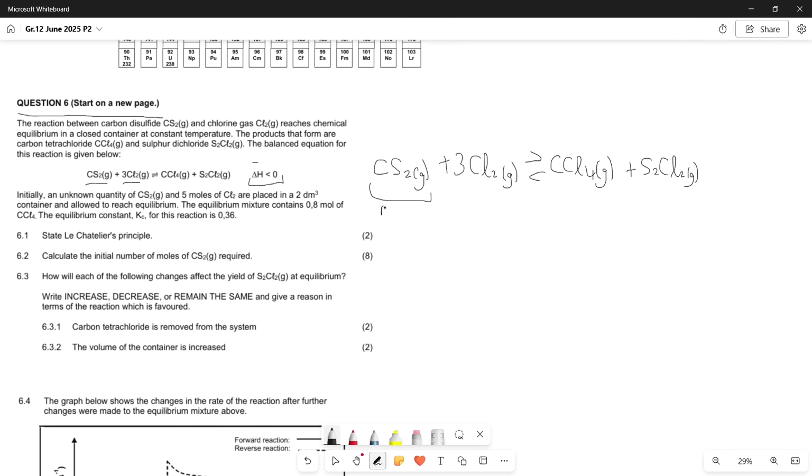So we have an unknown quantity, the unknown mass, and 5 moles of this guy. So we have an n that is 5. The moles will also be unknown over here, are placed in a 2 dm³ container.